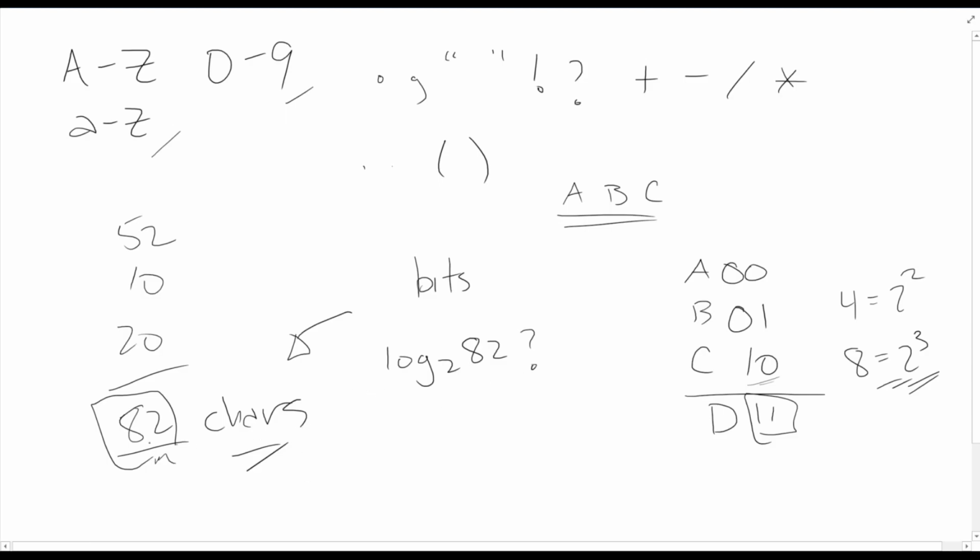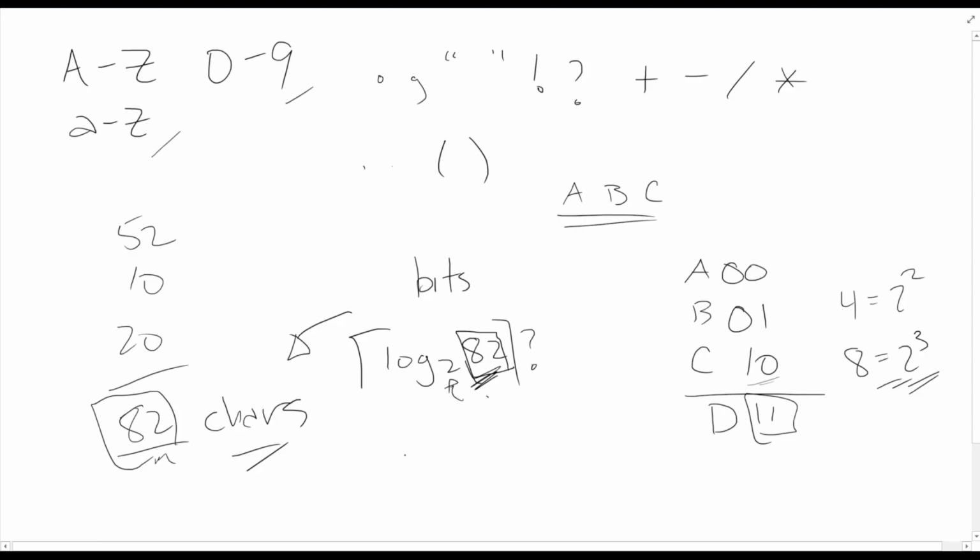So how am I going to know? Well, if I took the floor, that would mean I could actually hold less than 82 characters probably. I want to be able to hold 82 characters and have room for maybe more. So I probably need the ceiling of this instead. And if I want the ceiling, what that means is I'm looking for the next power of 2, the next one up.